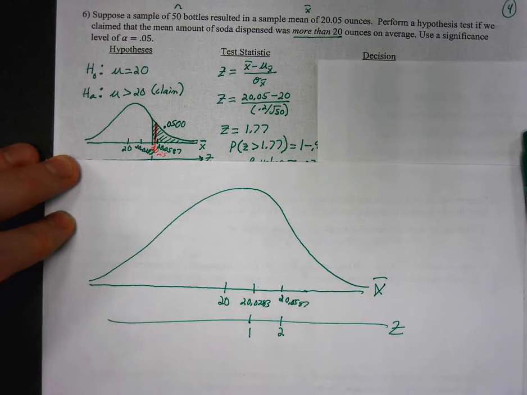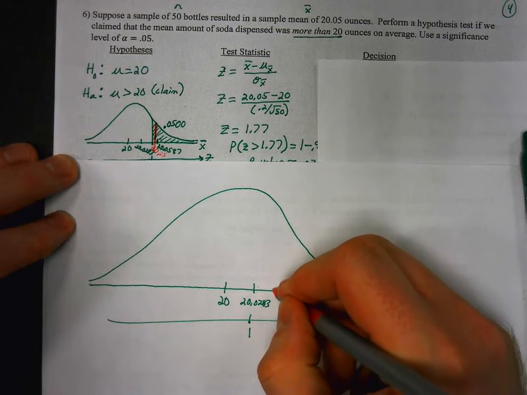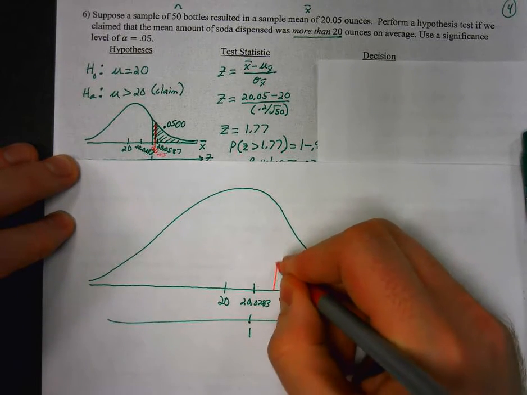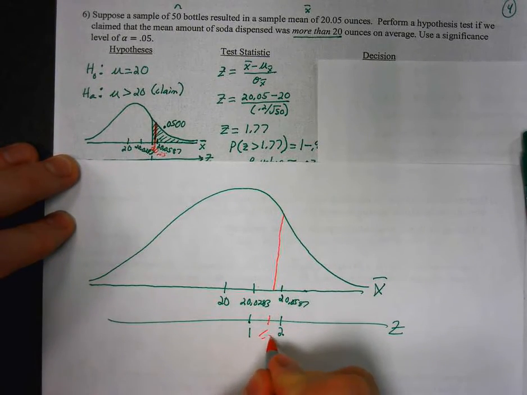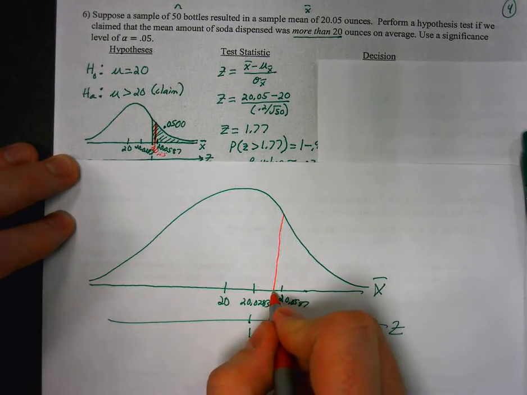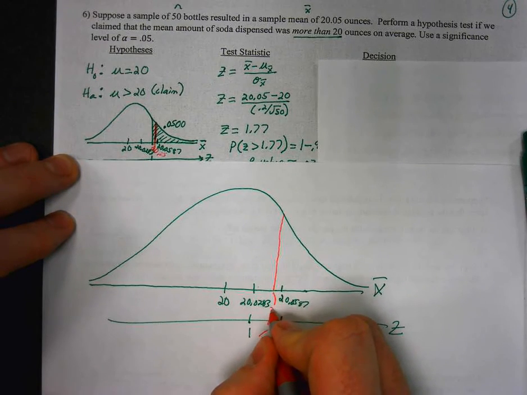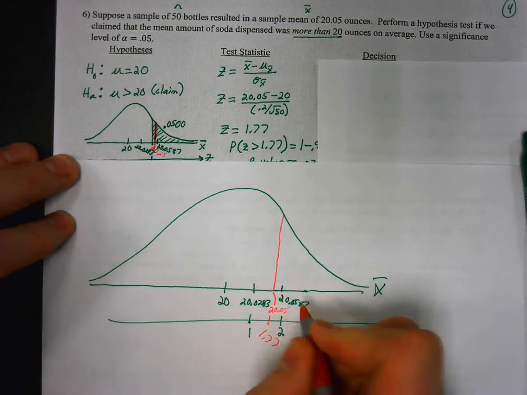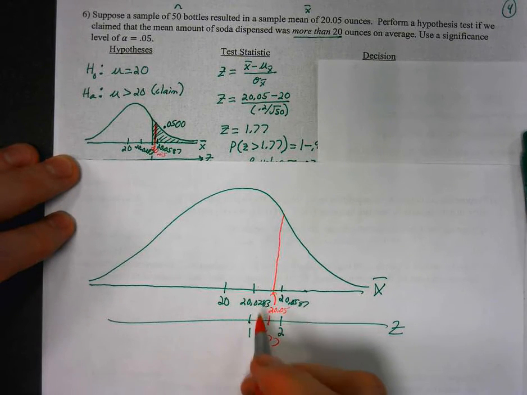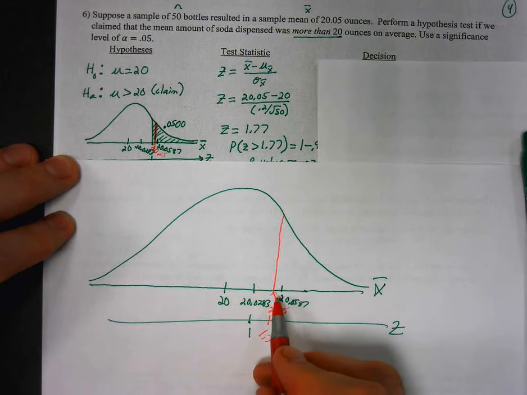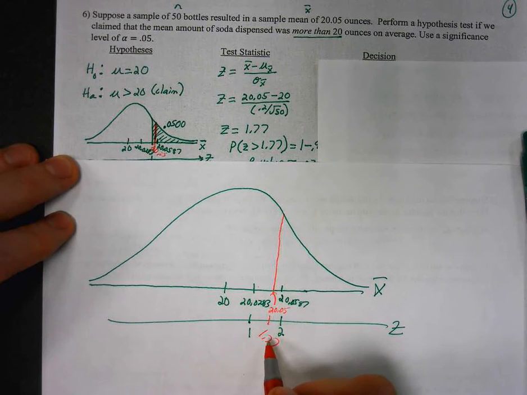The value that we have, right about here, has a z-score of 1.77, and the x bar value was 20.05. So our x bar value, 20.05, is the same place as a z-score of 1.77.